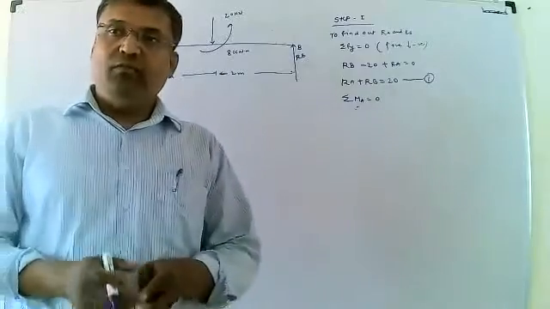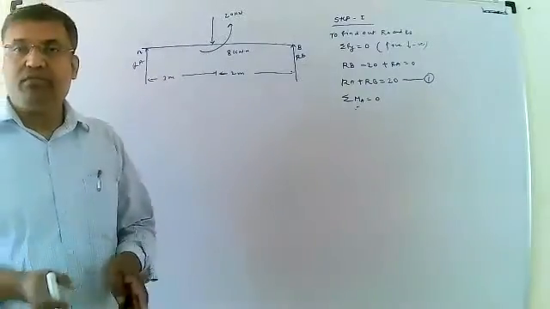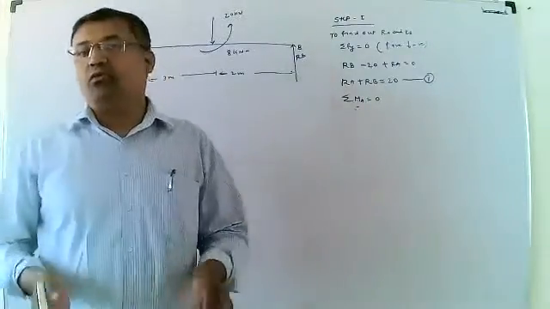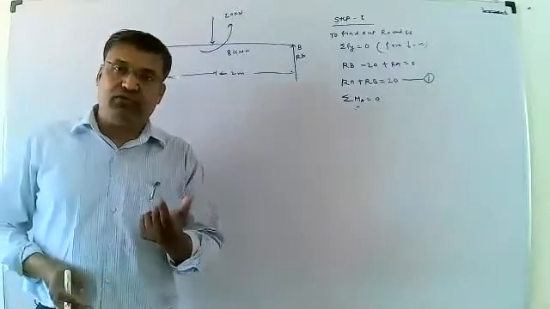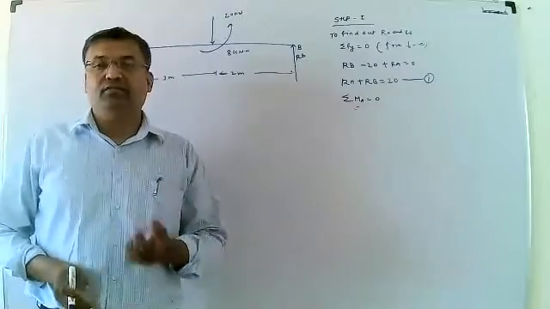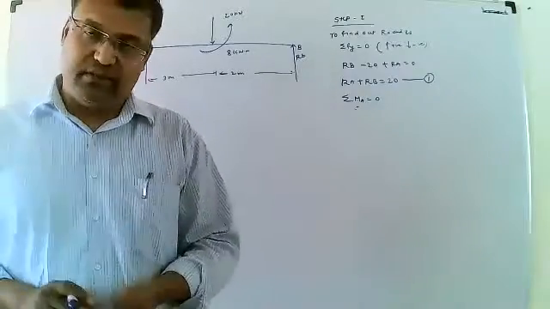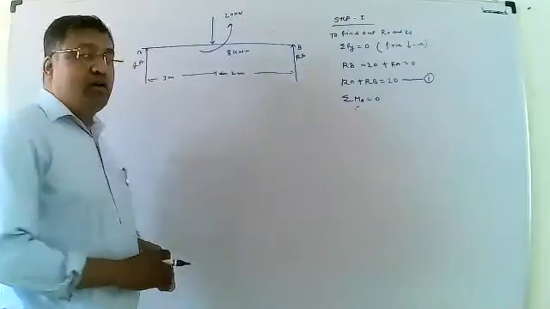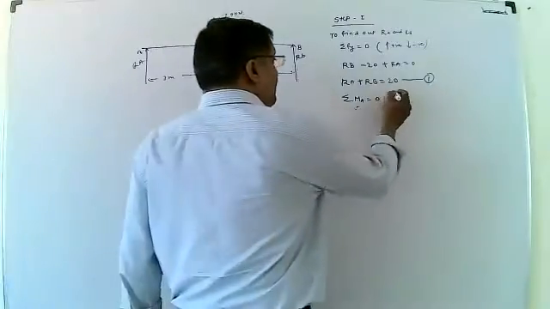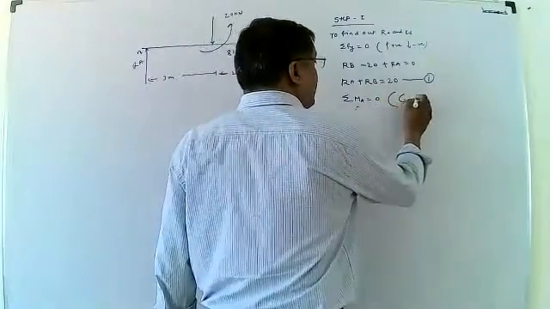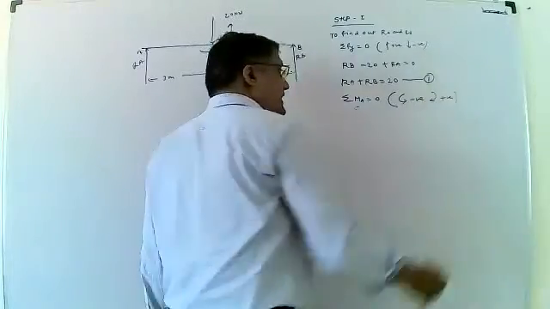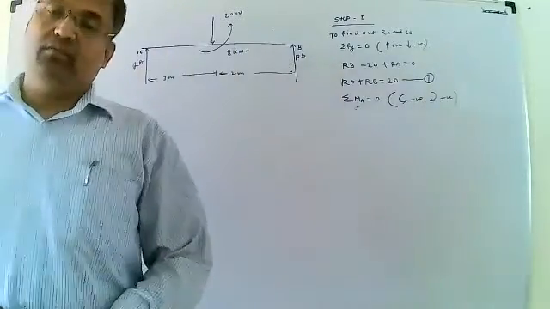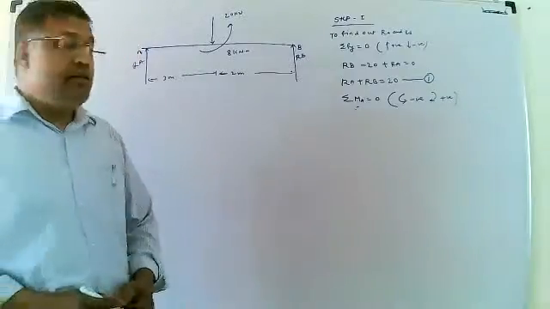Moment of a force is the product of force and perpendicular distance. Here, clockwise moment is taken as positive and anti-clockwise as negative. That is the sign convention for moment of forces.